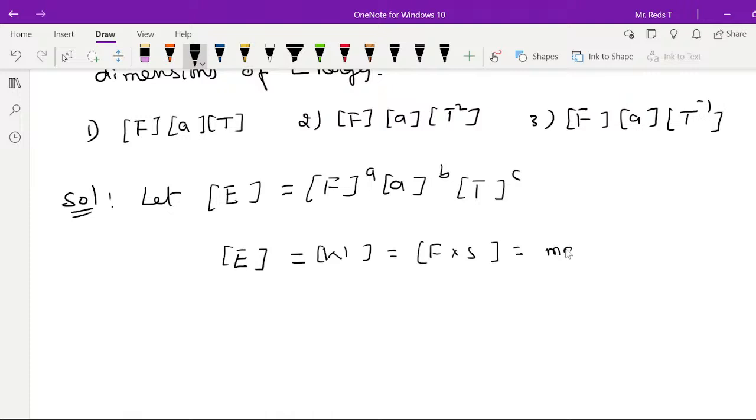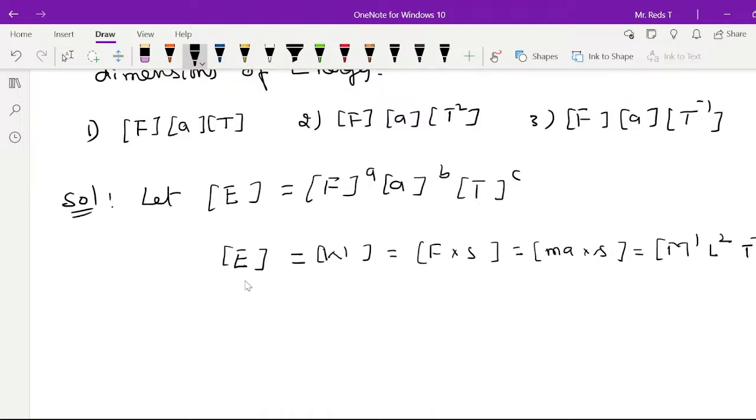So to write the dimensions, I'm giving reduced forms. Force is mass times acceleration into displacement. So the dimensions can be expressed in terms of MLT as mass, kg, so M power 1. Acceleration is meter per second square. This is distance, also meter. So meter square means L power 2. Per second square means T power minus 2 is the dimension.